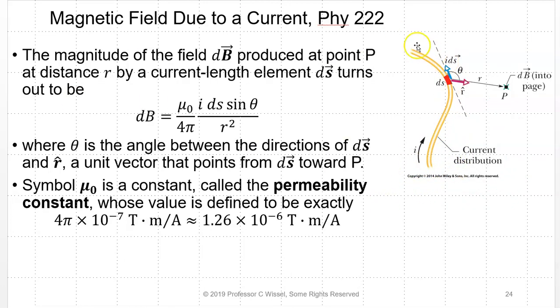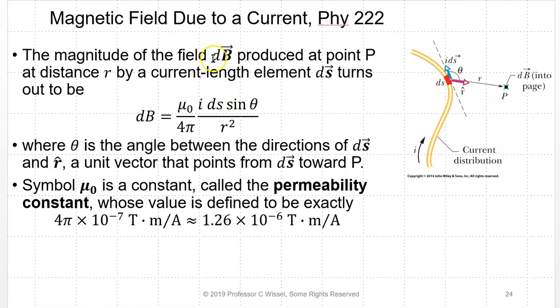Here we have an arbitrarily shaped wire with a current running along it. We have a small element ds in the wire, and a point P a distance r from the wire. We want to determine the magnetic field at this point. We have an angle theta between the current in the wire and r.